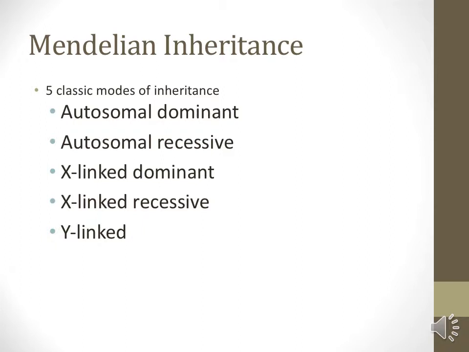Autosomal dominant is referring to genes with characteristics that are expressed only when a single copy of an allele is present. So if that's an autosomal dominant trait and you have just one copy of that dominant, then you would express it. The recessive occurs when the changed allele is present, but it's not expressed unless both copies are present.